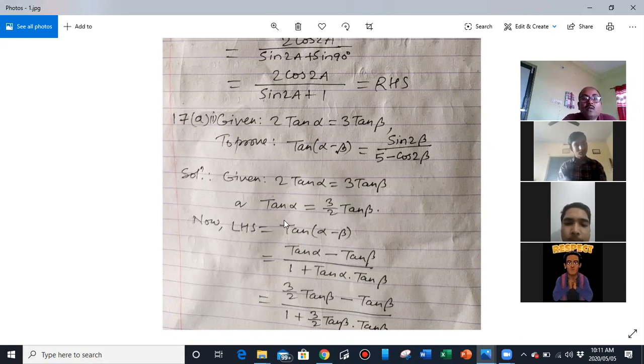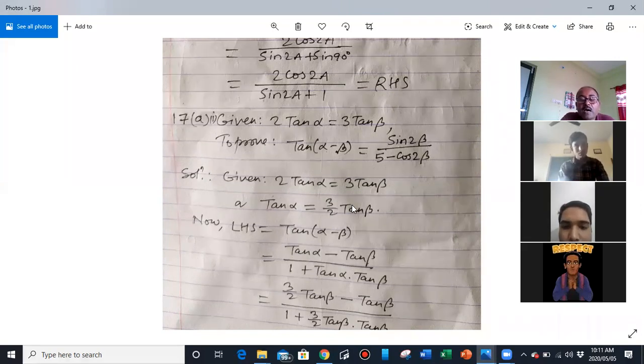Now let us start from the LHS, tan(alpha minus beta). The tan(A minus B) formula is tan alpha minus tan beta by 1 plus tan alpha tan beta. Now you see in the RHS, there is no alpha, only beta is there. So we will replace this alpha. Tan alpha can be replaced with 3 by 2 tan beta.